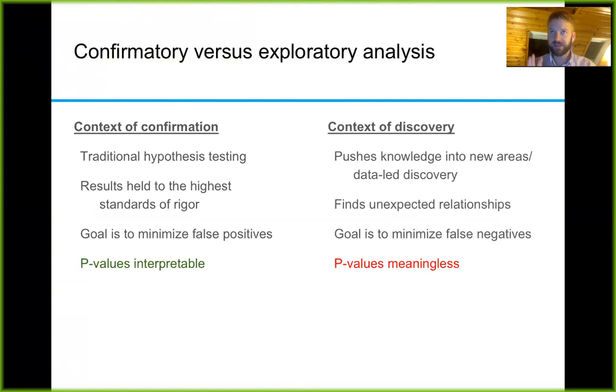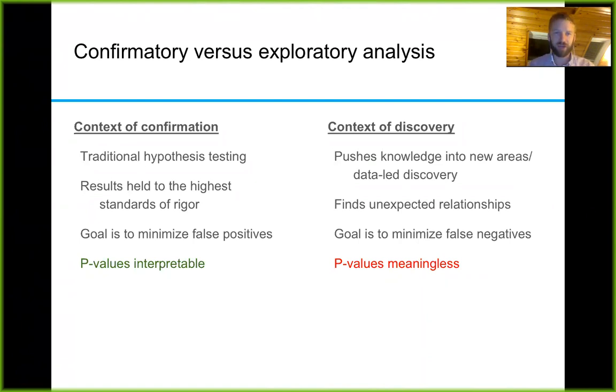But when you're digging through a data set looking for those unexpected trends, the p-values that come out of that process are basically meaningless because so many tests are being done, even intuitively or not formally. When you're in that mode, the p-values don't really make sense because you can't compare all of the p-values that are being considered but rejected and not shared or not reported.